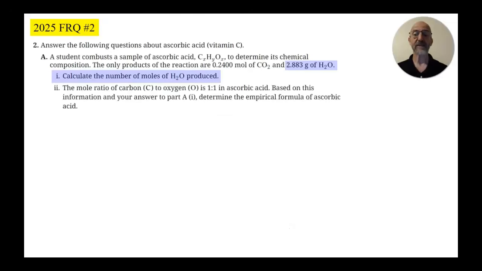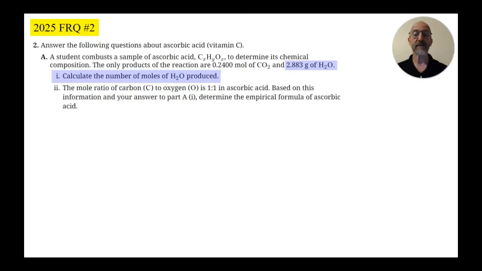Now, in our next question, which also came from the 2025 AP Chemistry exam, it says that a student combusts a sample of ascorbic acid, which we don't know exactly what that chemical formula is, so it says CxHyOx, to determine its chemical composition.